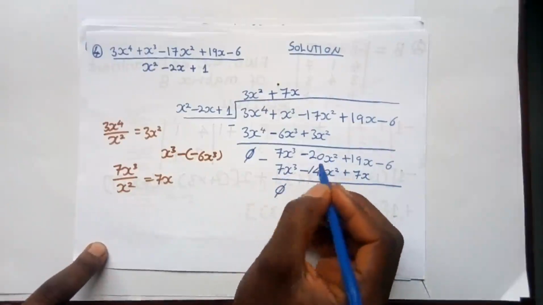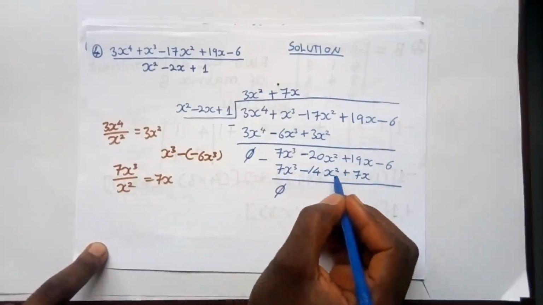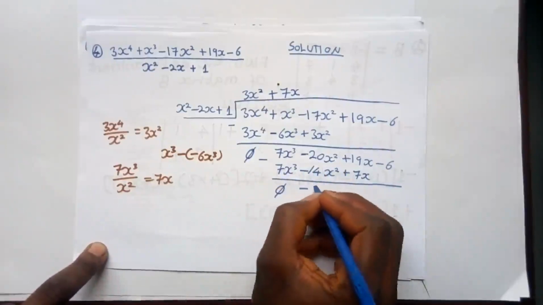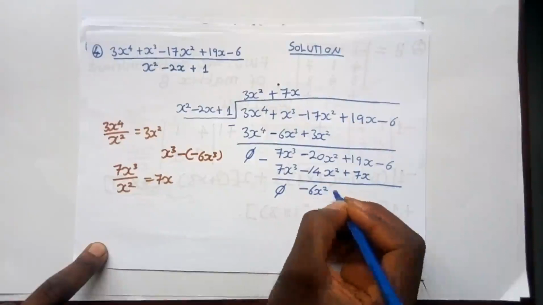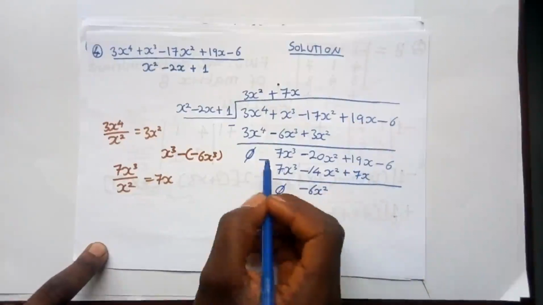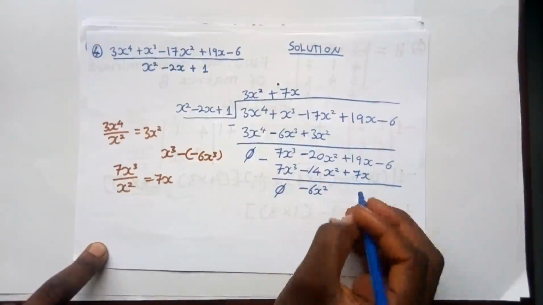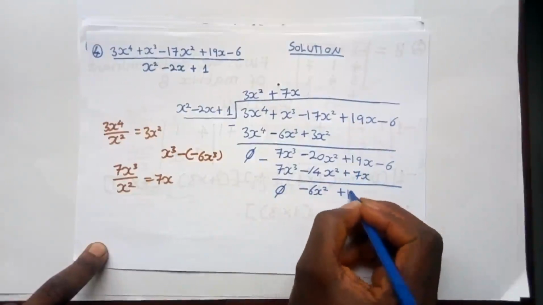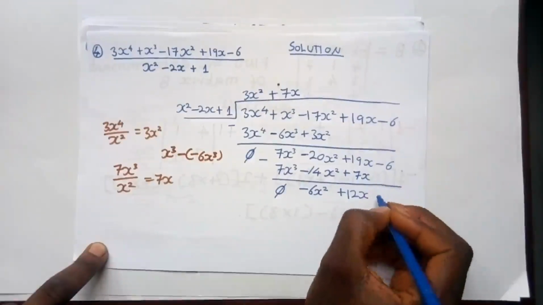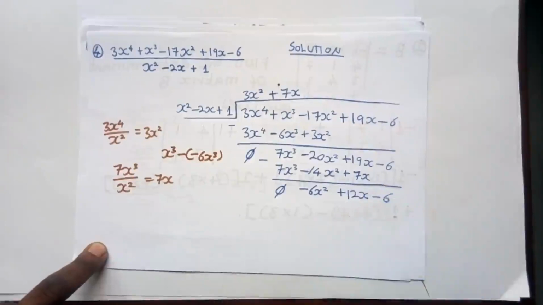Minus 20x squared minus 14x squared gives us minus 6x squared. 19x minus 7x gives us plus 12x minus 6.